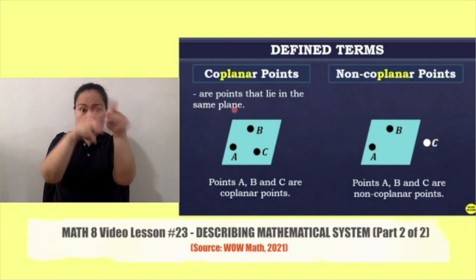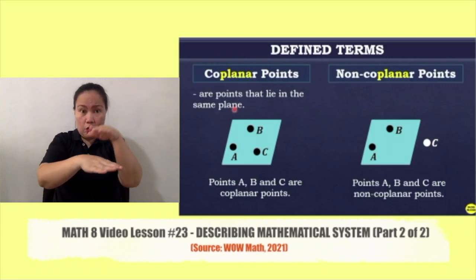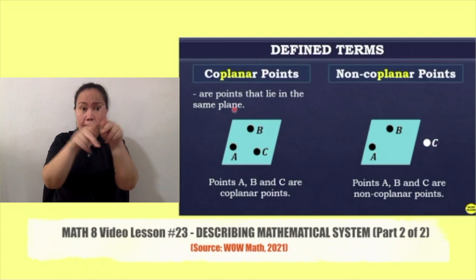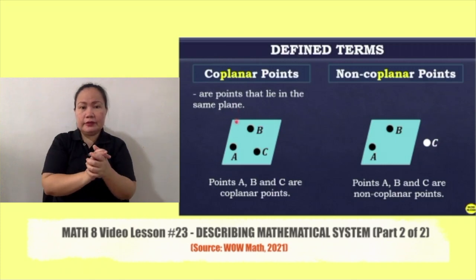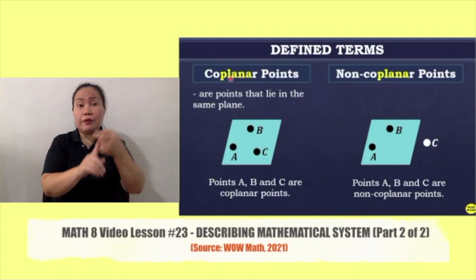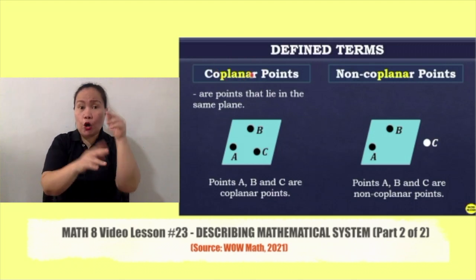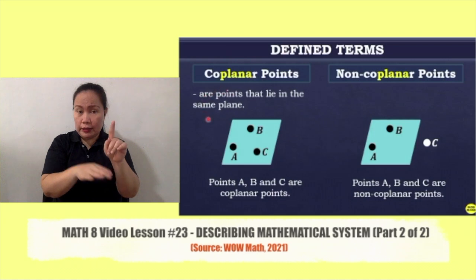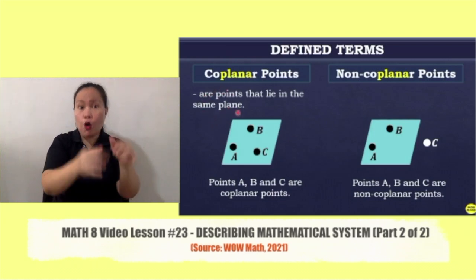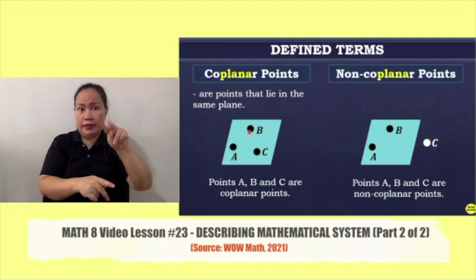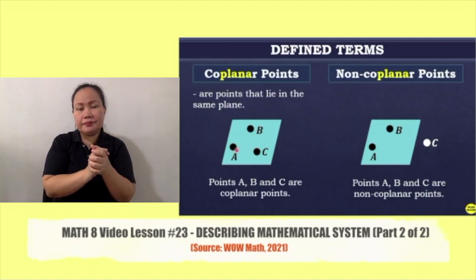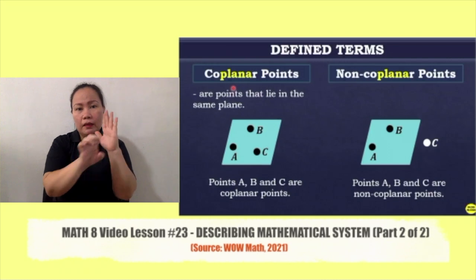A while ago, in our previous slide, collinear, the points were on one line. This one is coplanar, from the word plane. So these are the points that are on one plane. Earlier, on one line. So when our points are on one plane, they are considered coplanar points.